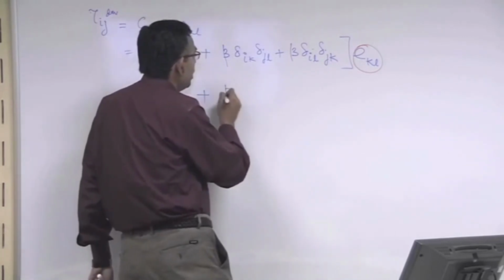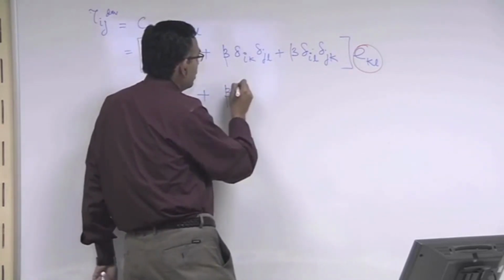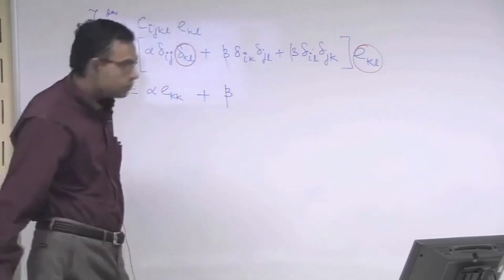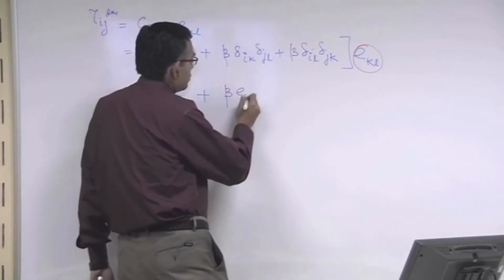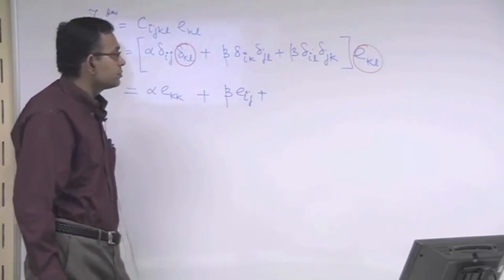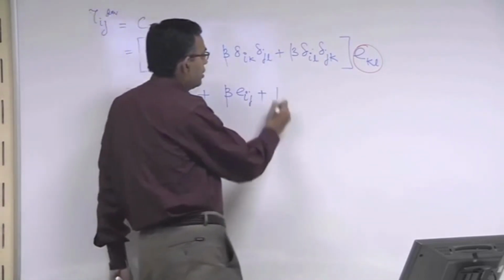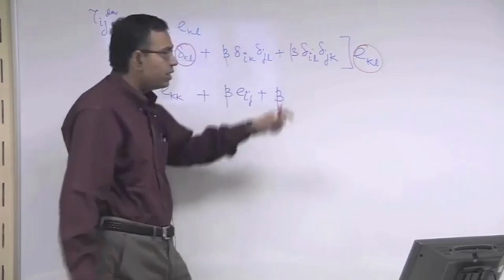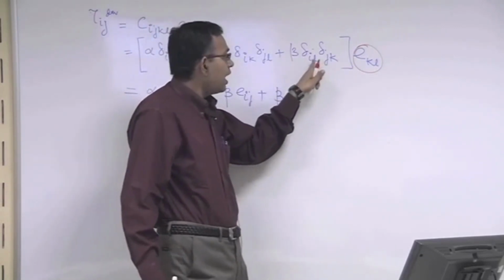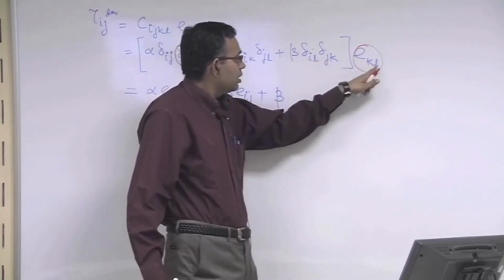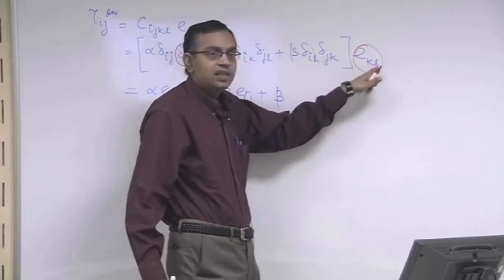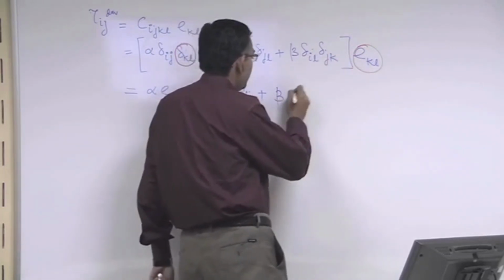So, beta into E_ij, plus beta, now you tell what should this be, l is equal to i and k equal to j, so E_ji. So, plus beta E_ji.